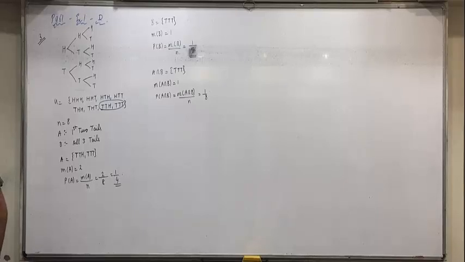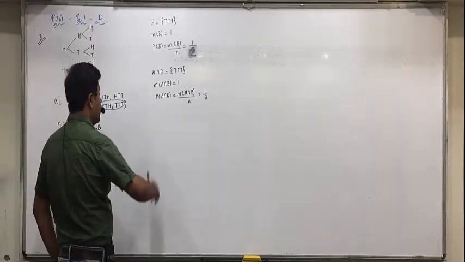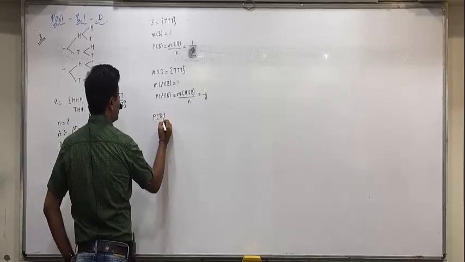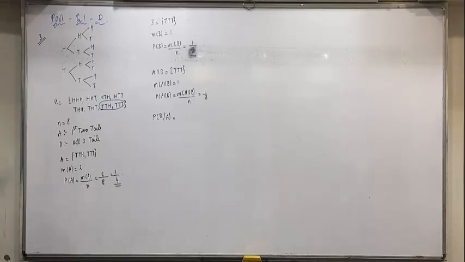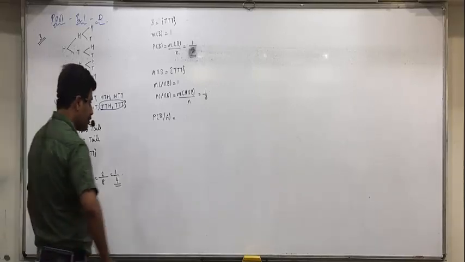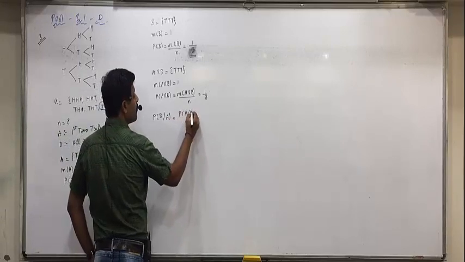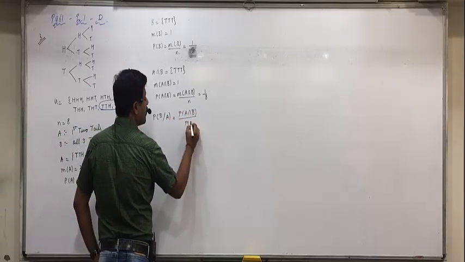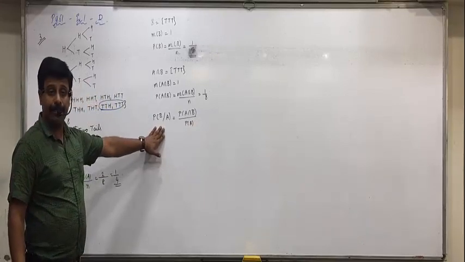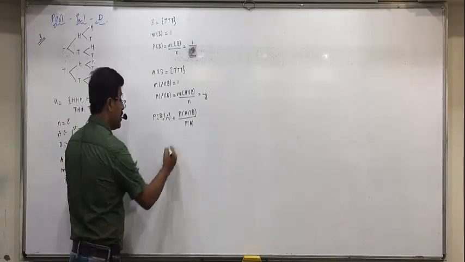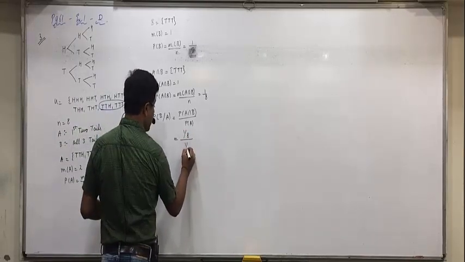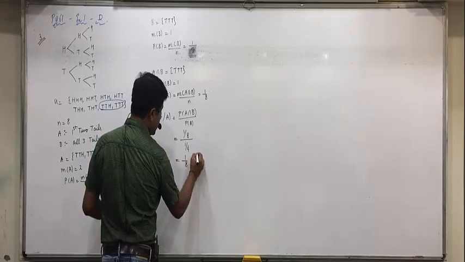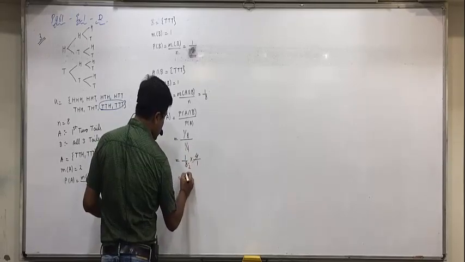Thus the probability that all three are tails, if first two are tails, is equal to P of B slash A. That will be A intersection B upon P of A. So 1 by 8 upon 1 by 4. So 1 by 8 into 4 by 1, 1 by 2.